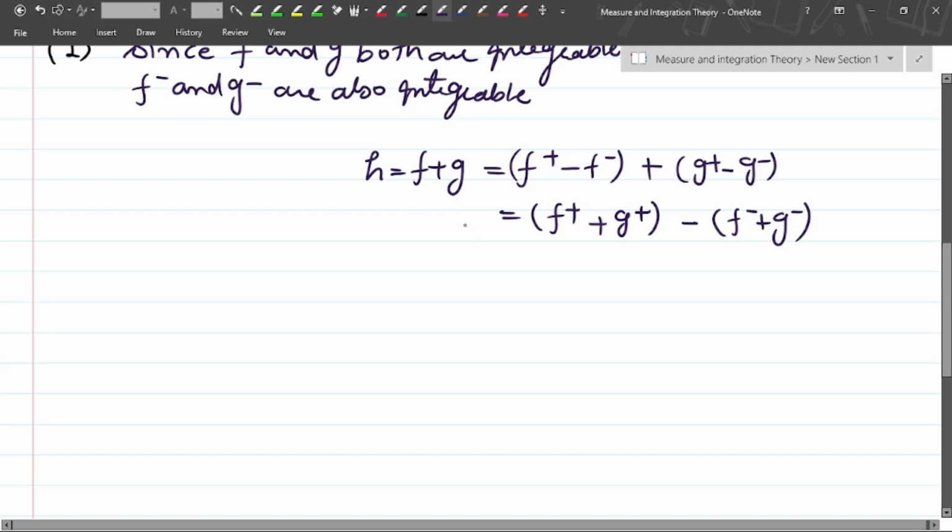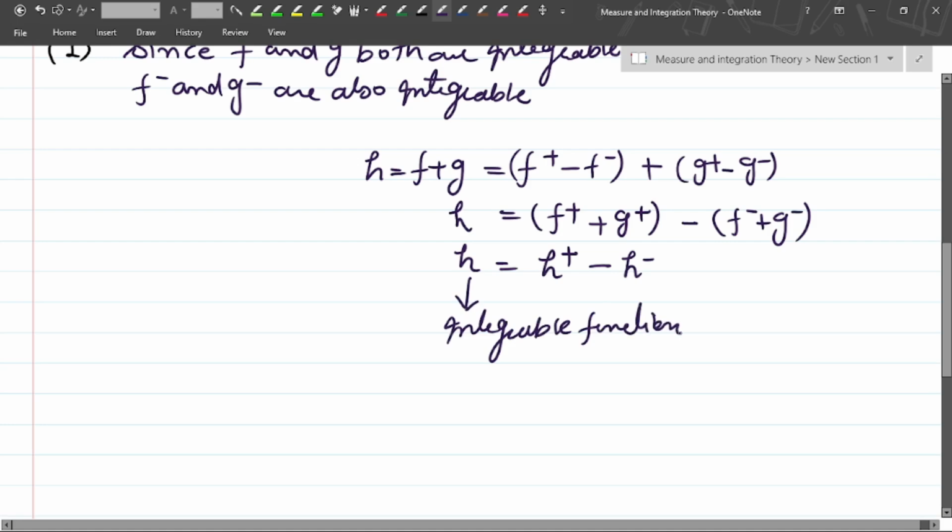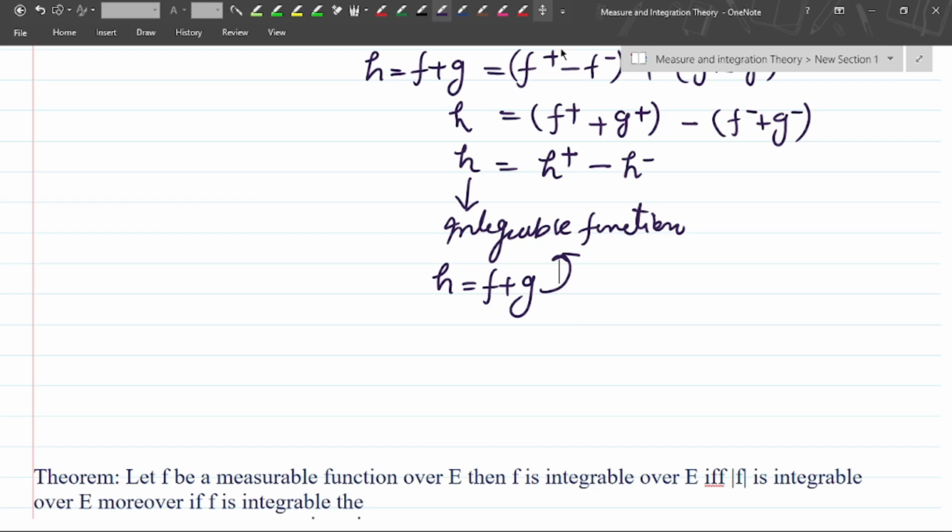So I can conclude that this is my positive part, so I can define it as h plus minus h minus. It means my h is also an integrable function. So h equals f plus g is an integrable function. That's why we can say that f plus g is also an integrable function.